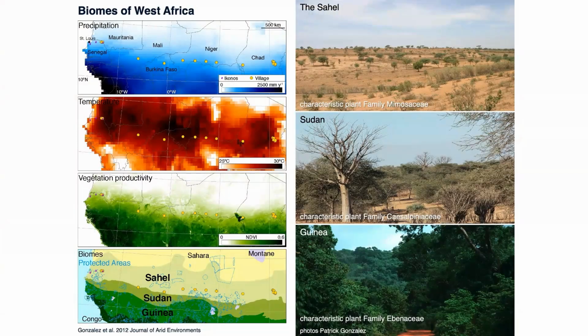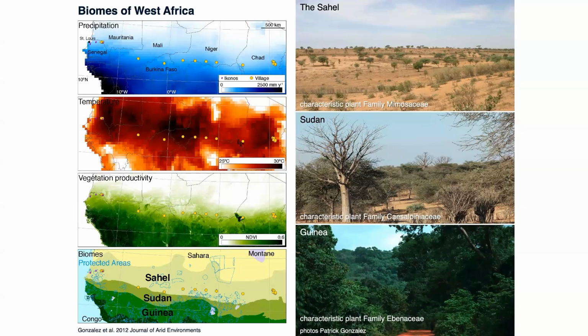They're the highest level of ecological organization, and depending on the classification, the world has 10 to 13 biomes. Three of them here are savanna grassland, so the Sahel, and then deciduous woodland, the Sudan, where the trees gather into little groves, and then closed canopy forest here in Guinea.